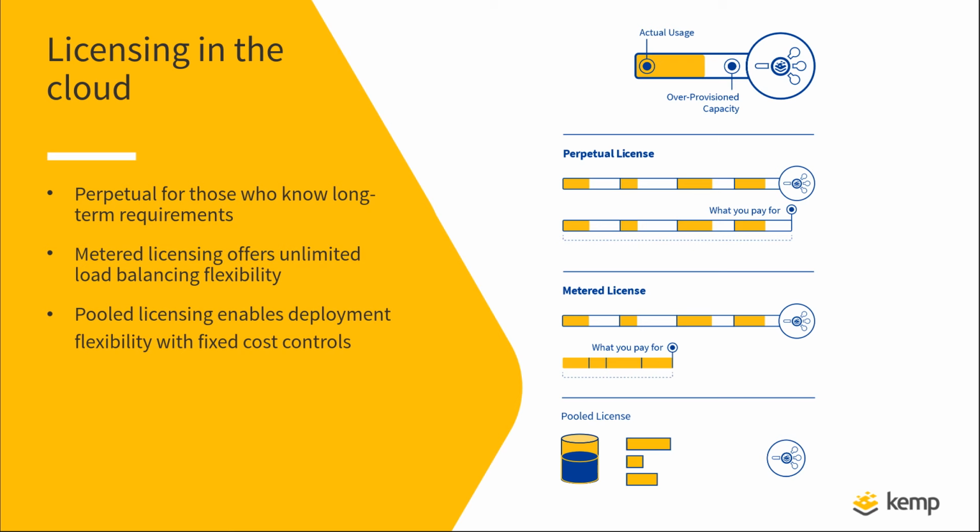And I can start carving that out, say, put 500 megabits per second here, 3 gigabits per second there, 50 megabits per second over there. However I want to carve it out and push it out there, as long as it fits within my total capacity limit that I have purchased. And I have the flexibility to pull it back into my pool and then recarve it into other pieces.